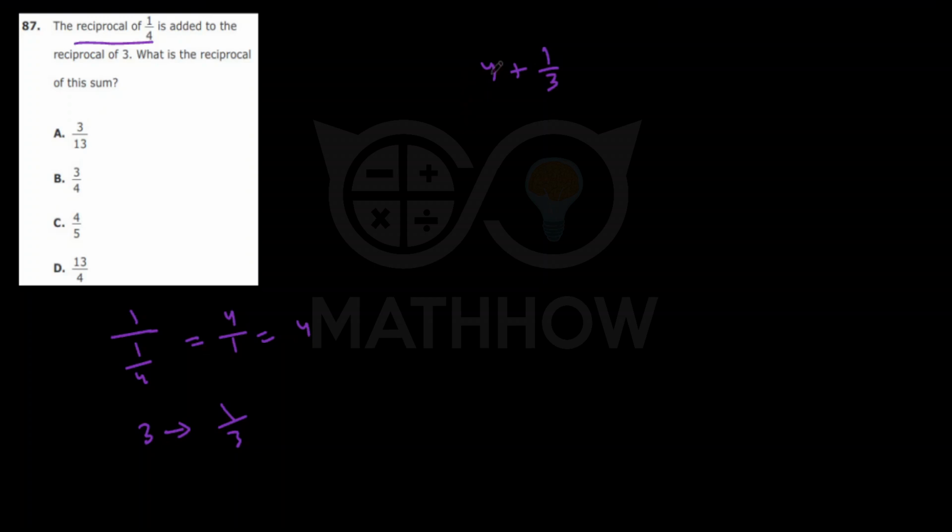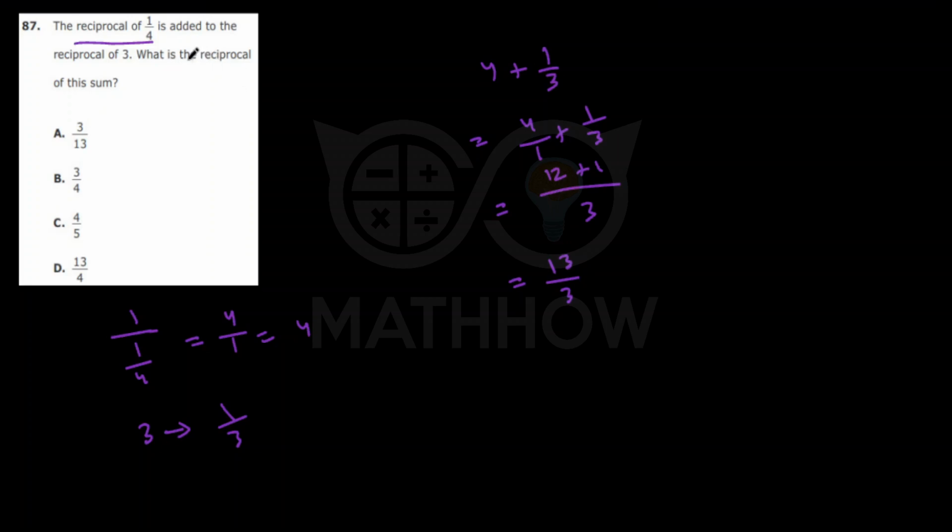Let's first find the sum of these: 4 over 1 plus 1 over 3. The LCM is 3. 1 3's are 3 and 3 multiplied with 4 becomes 12, plus 3 1's are 3 and 1 multiplied with 1 becomes 1. 12 plus 1 is 13 divided by 3.